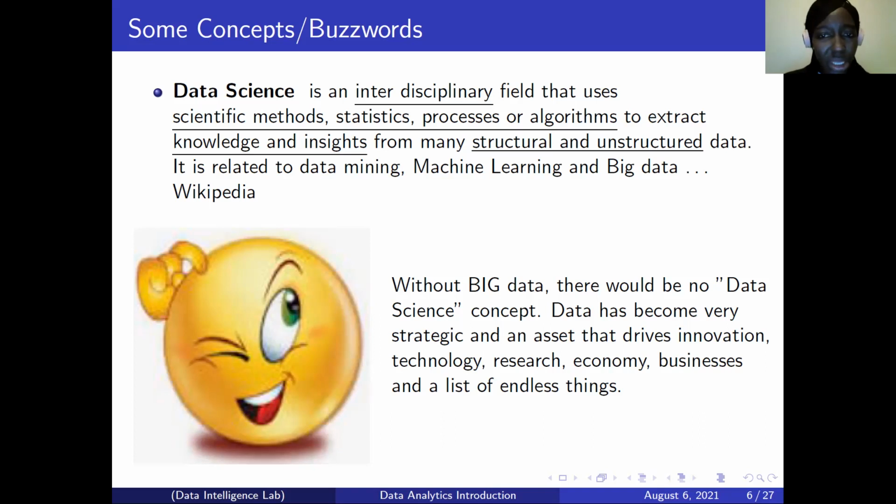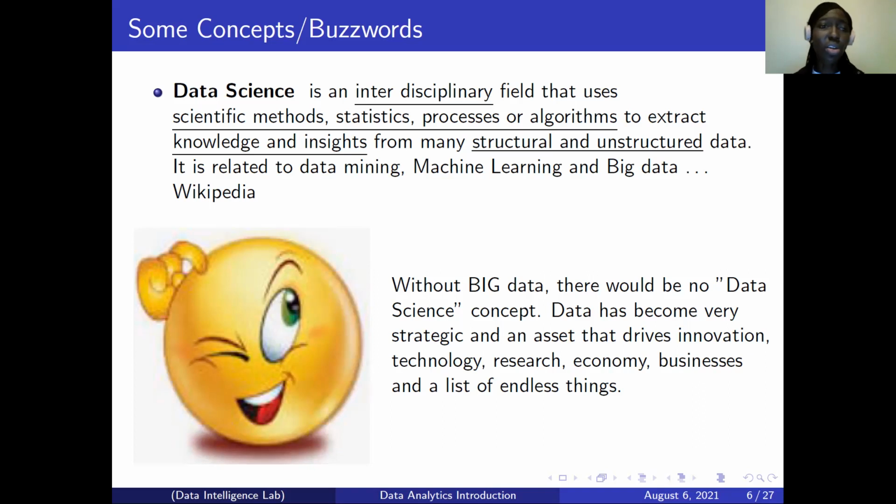Now, data comes in various forms, like we talked about the variability of data earlier. Data can come as structured, or it can come as unstructured data. So for this definition, we are not limiting it to one particular form of data. It's broadened to say that knowledge and insights can be extracted from both structured and unstructured data. This definition is gotten from Wikipedia.